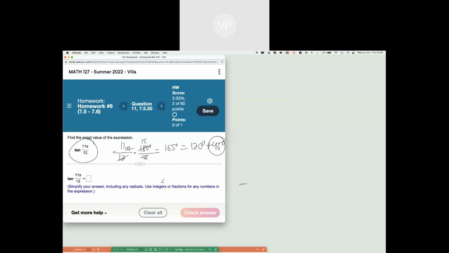The reason I like 45 degrees, if you remember the formula for tangent, is that it's going to find the tangent of alpha and the tangent of beta. I know the tan of 45 is one, and that's the nice part of that one. The tan of 120 is going to be different, but we'll get to that as time approaches. So we have the tangent of 11 pi over 12, which is the same as the tangent of 165 degrees, which is the same as the tangent of 120 degrees plus 45 degrees, which is the same as the tangent of 2 pi over 3 plus pi over 4.